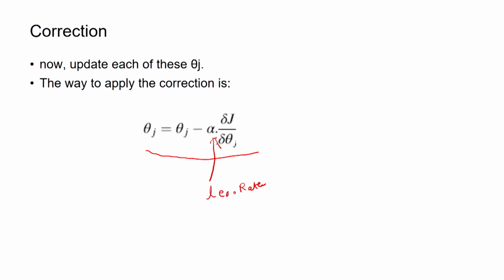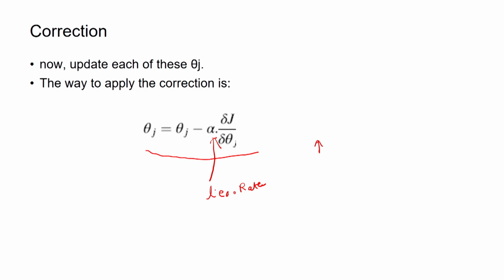The learning rate gives us the idea of how fast we are changing the value of theta. If alpha is large, we are changing the value of theta j very fast in each and every step. If the value of alpha is low, we are changing the value of theta very slowly in each and every step.